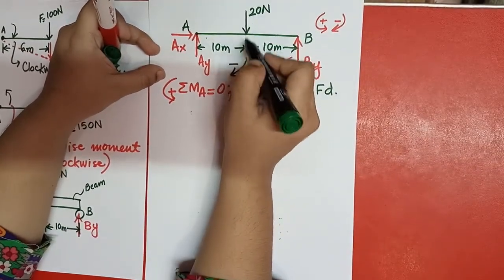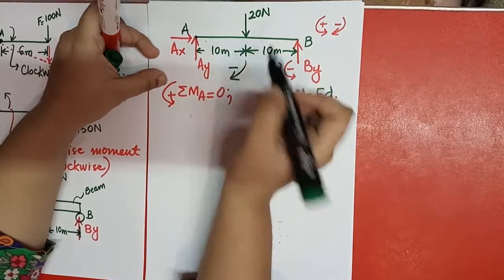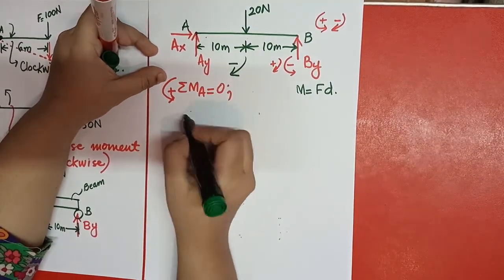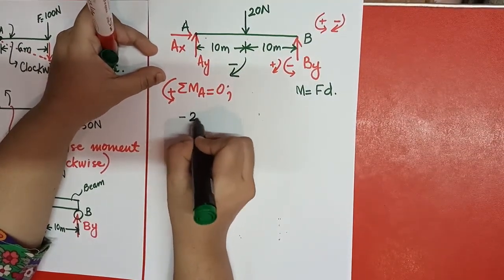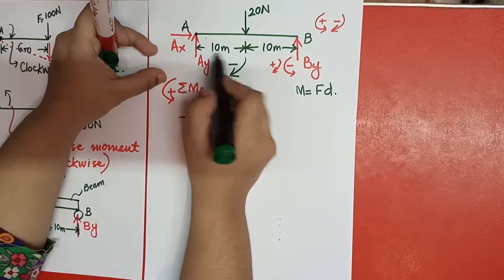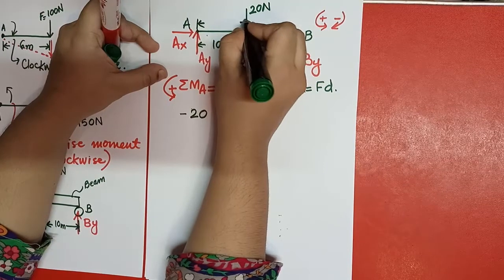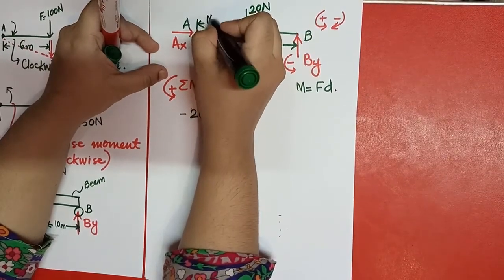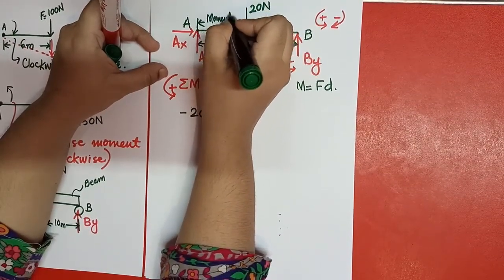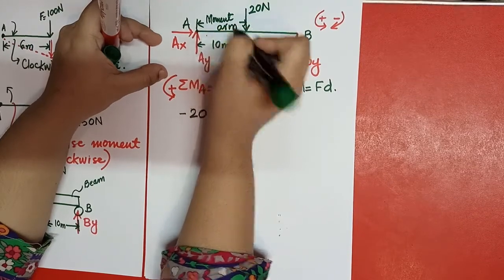So this force will rotate about point A, so it will be negative 20, and the moment arm is 10 meters, because the distance between point A and this force is known as the moment arm, and it is given in the question that it is 10 meters.